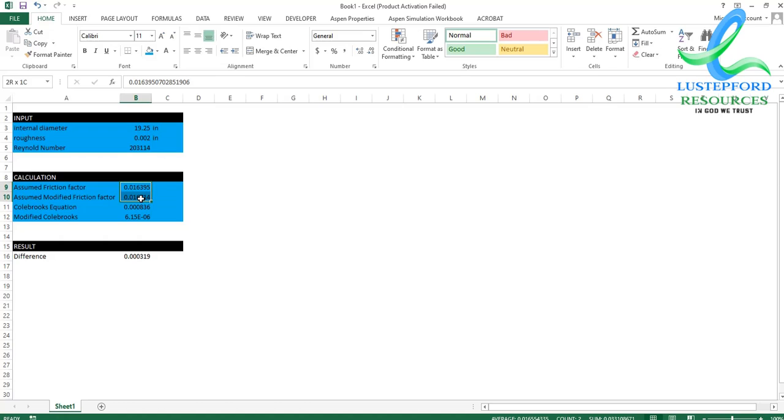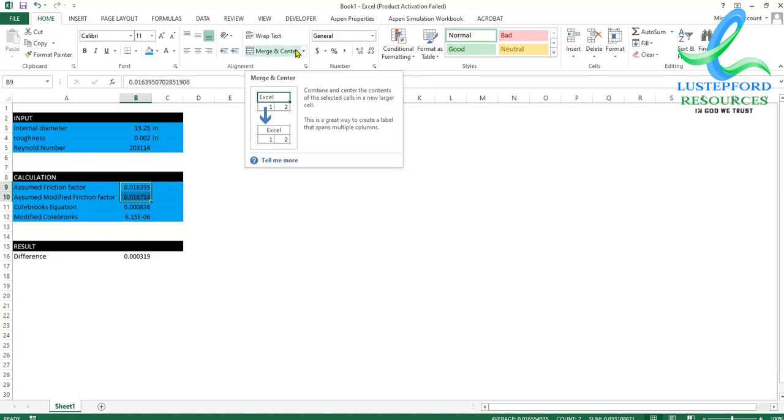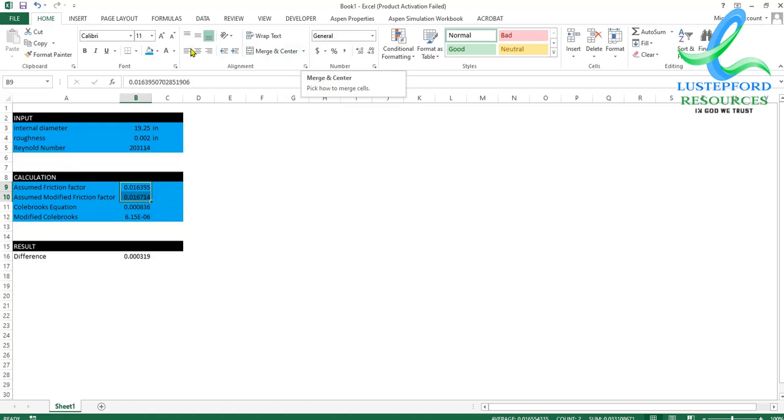Let's make it 4 decimal places. This is the answer. This is the difference.